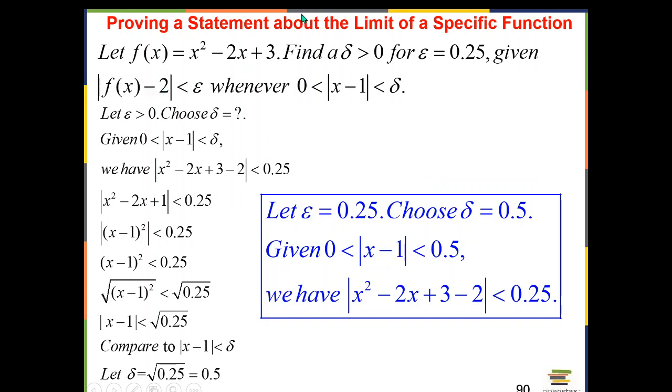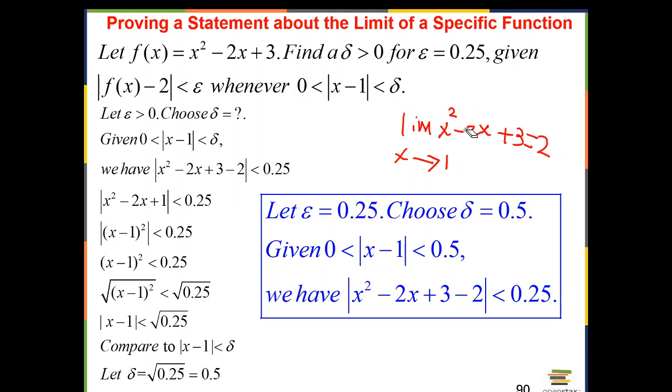So let me explain what I mean. Because of this, and because of this, we know this is the limit of x squared minus 2x plus 3 when x approaches 1. How do I know it is 2? It's because of that.